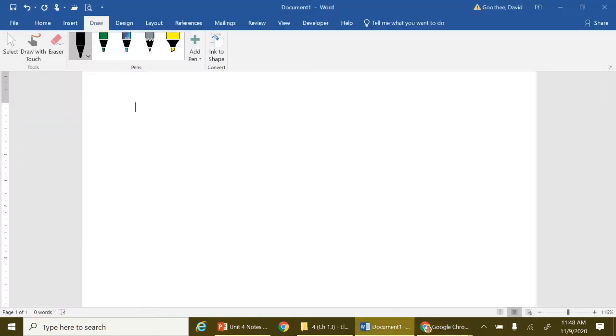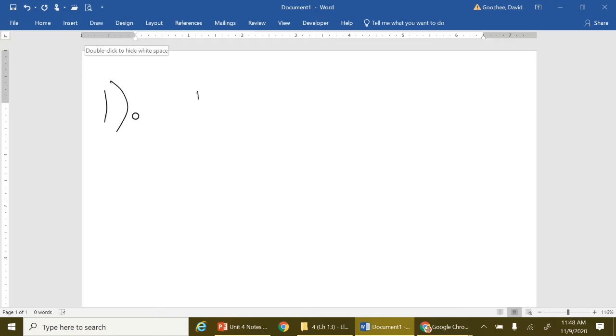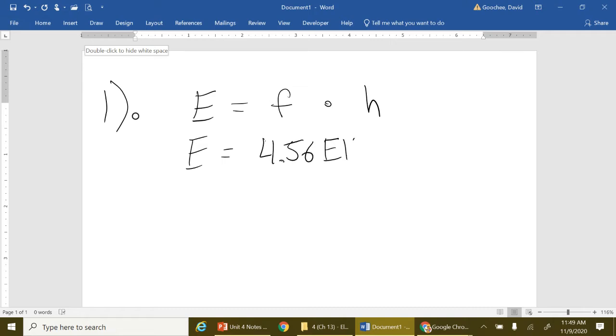Problem number 1. The energy contained in a photon of electromagnetic radiation is equal to its frequency times Planck's constant. The frequency given was 4.56 times 10 to the 14th hertz. That's how many waves are coming at you per second.